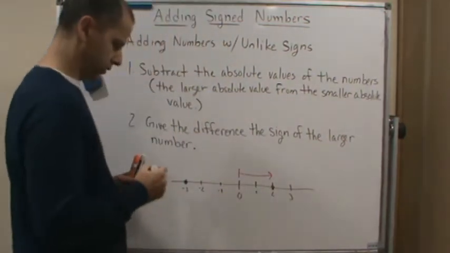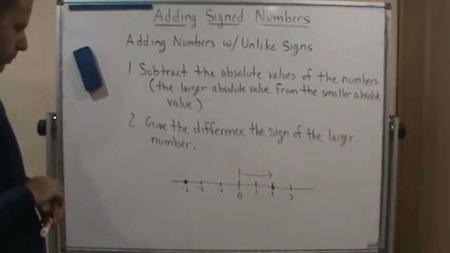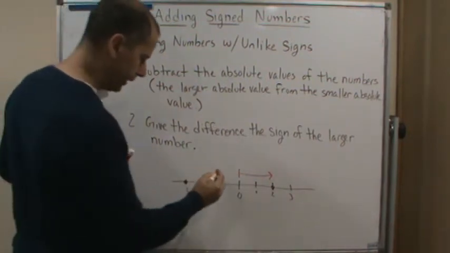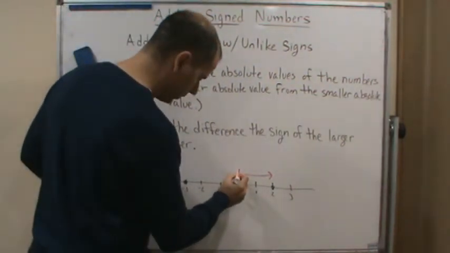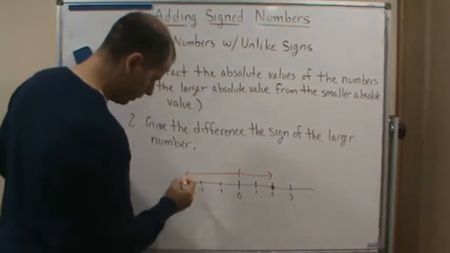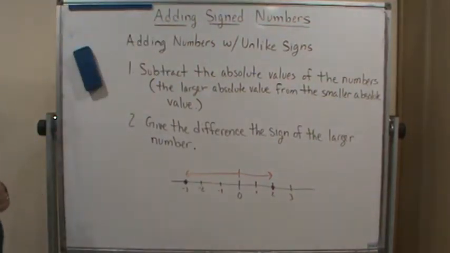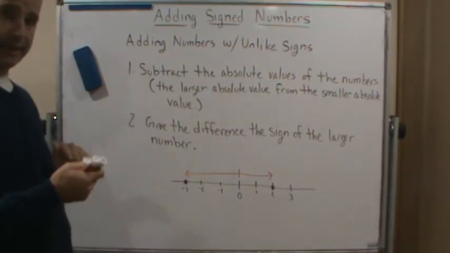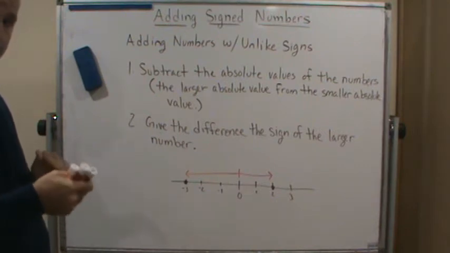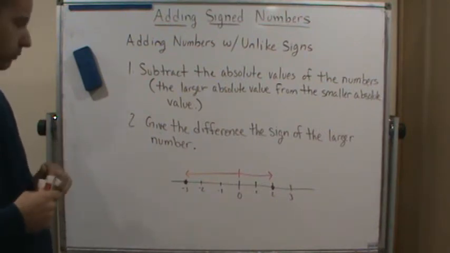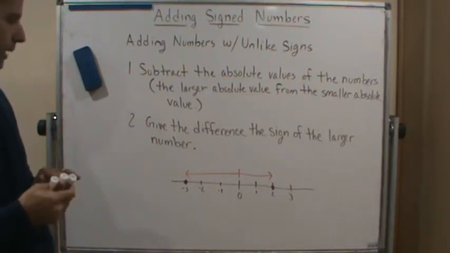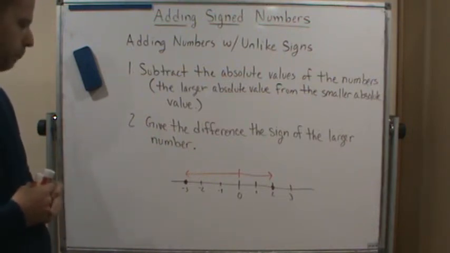So I'm going that direction, right? -3 is going out that direction. So what do I have to do? I have to do the same thing. I need to put the arrows head to tail. Not tail to end, head to tail, okay?